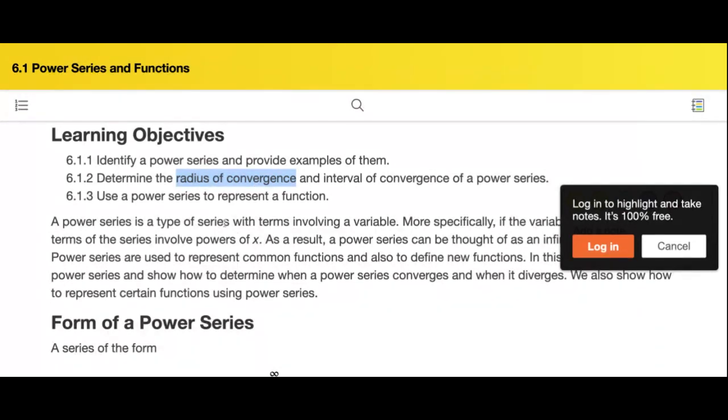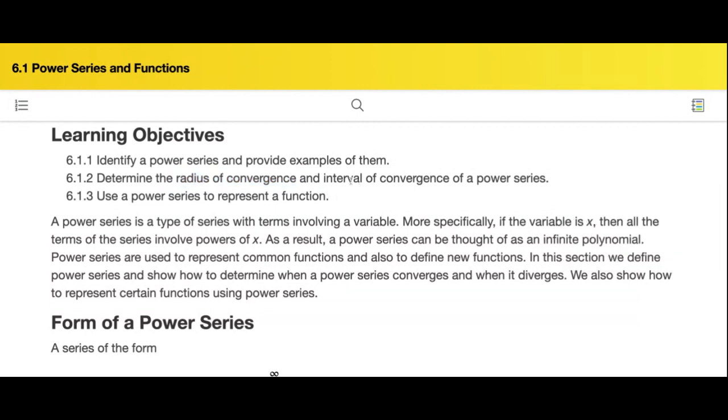So in that kind of idea, radius of convergence is saying in what interval, in what kind of condition the series converges, and the interval of convergence of a power series, and use a power series to represent a function, right? Actually, use a convergent power series to represent a function.